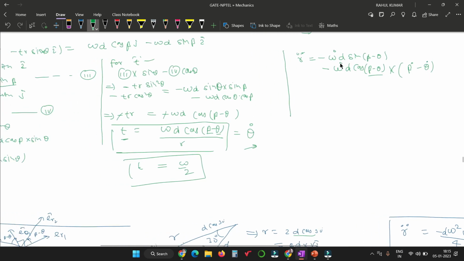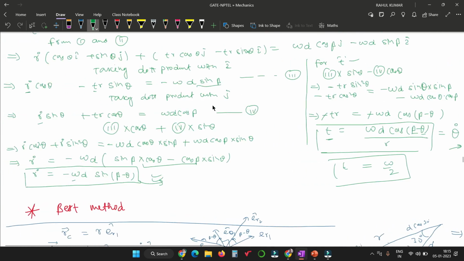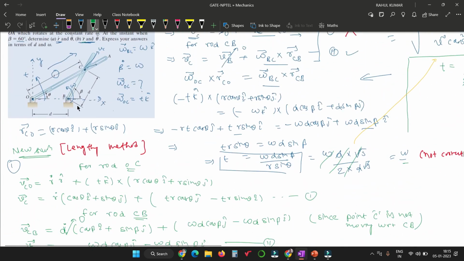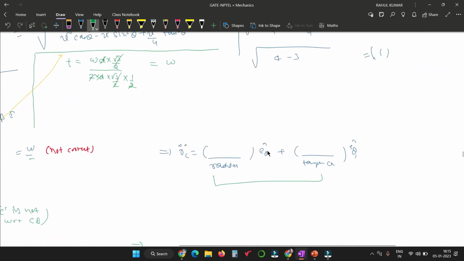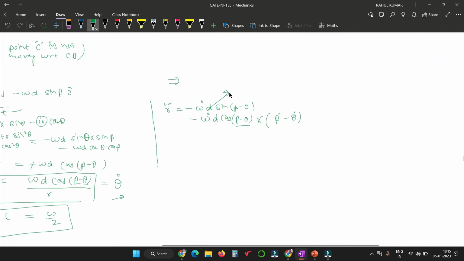Here you can see that omega is constant, that this rod is rotating at a constant rate, so this part will become 0. So we will get omega d only.